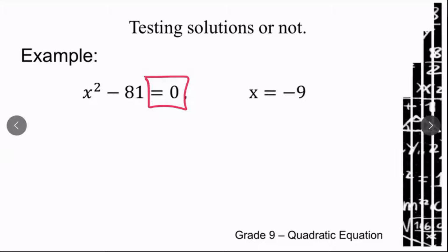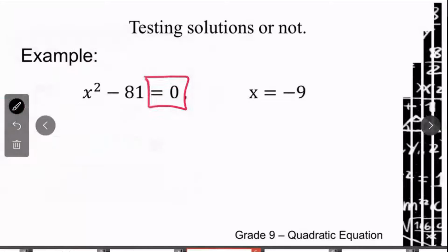If the result is equal to 0, therefore −9 is a solution of the given quadratic equation. And if it doesn't satisfy the given expression, then it is not a solution of that quadratic equation.